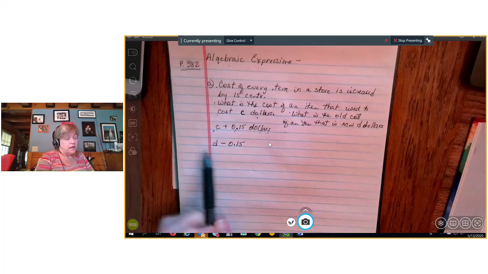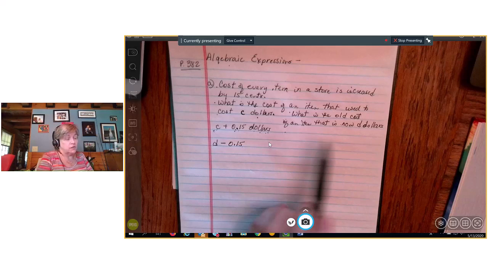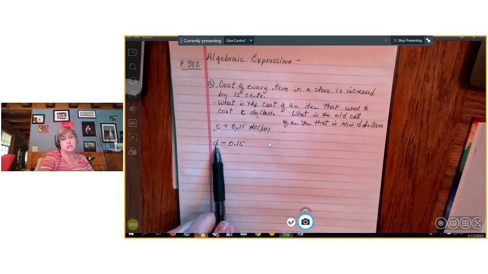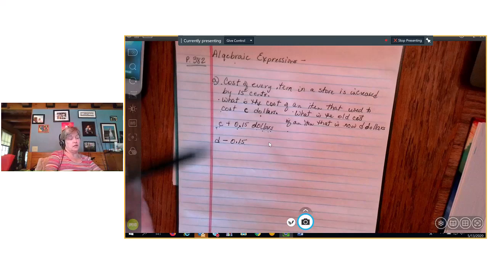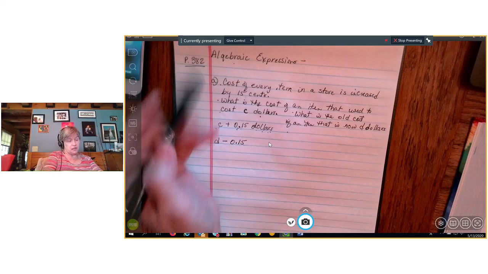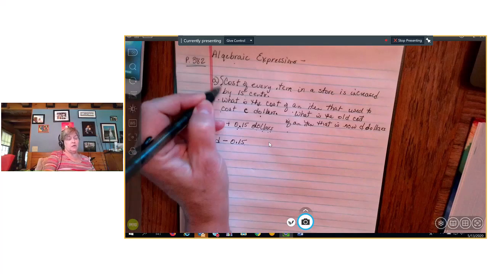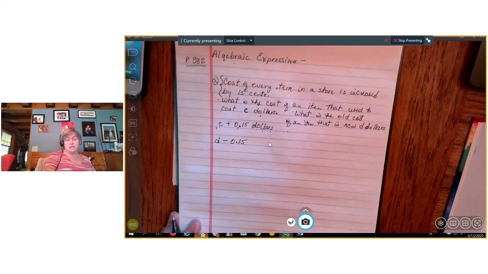So the expression to find the old cost is D minus 15 cents. So we have two different expressions here, one to find the new cost and one to find the old cost, just given this one statement: the cost of every item in the store is increased by 15 cents.